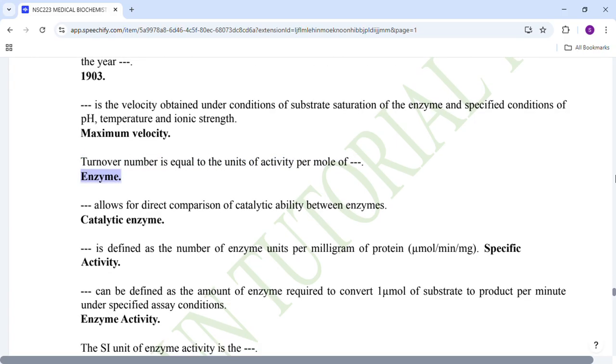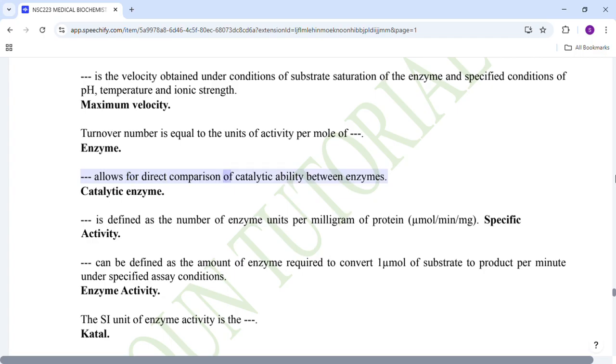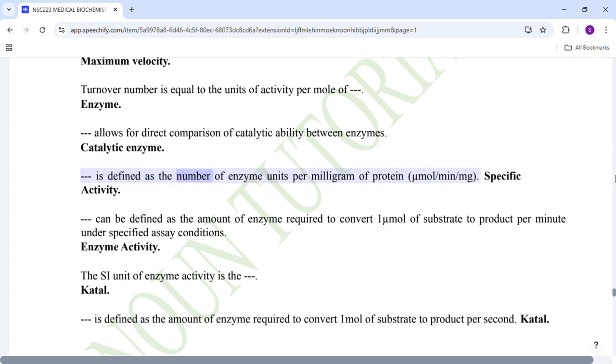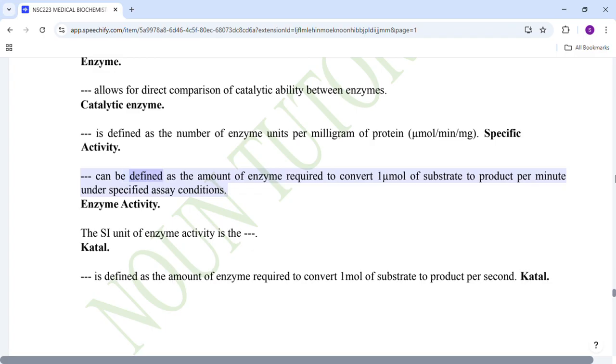Allows for direct comparison of catalytic ability between enzymes. Catalytic activity, or specific activity, is defined as the number of enzyme units per milligram of protein, micromole/min/mg. Enzyme activity can be defined as the amount of enzyme required to convert 1 micromole of substrate to product per minute under specified assay conditions.